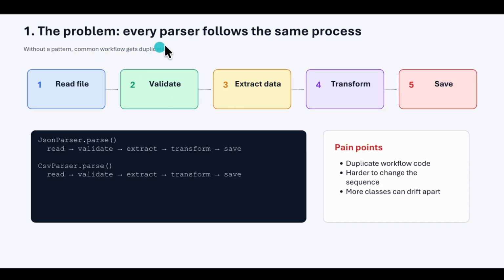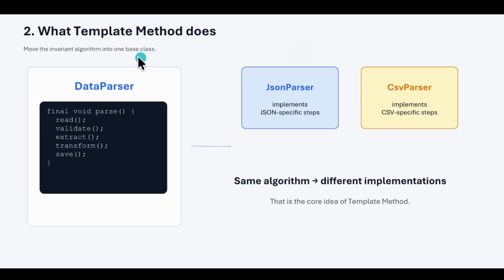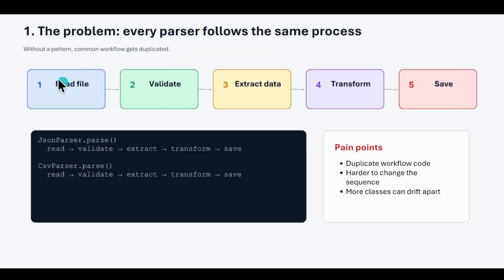So the problem is every parser follows the same process. Without a pattern, the common workflow gets duplicated. If I am writing a JSON parser, I will do reading of that file, validating, extracting, transform, and save. Now, the next day, I have to write the CSV parser.